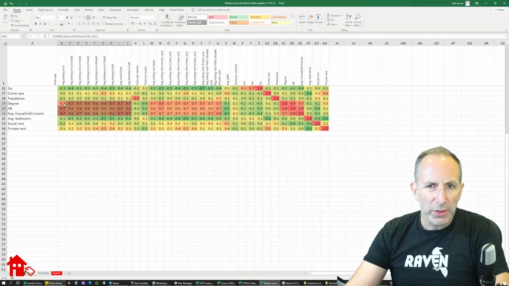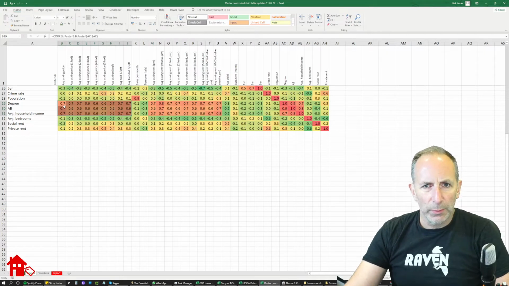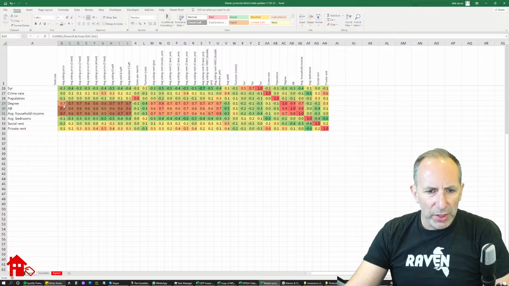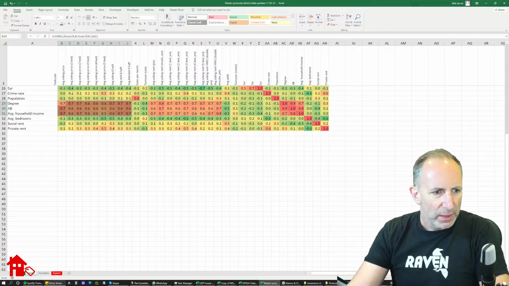So we're always interested in higher social grades in an area because the correlations are very clear that the higher the social grade, the more able they are to generate wealth, and therefore they're able to sustain higher house prices and all of that stuff. So that's quite an important relationship. But what about yield, for example?